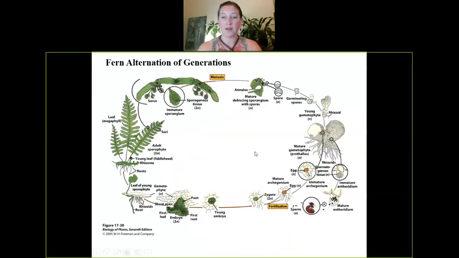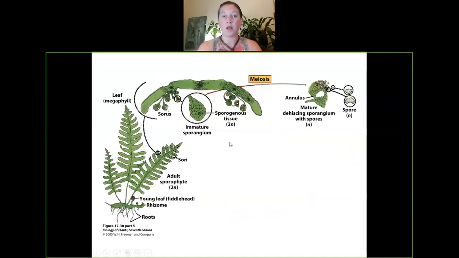On the next slide, that same fern gametophyte plant is here, and it's going to go through this way, so it's kind of tilted. On the previous slide, the fern gametophyte plant's at the 6 o'clock position. Here, it's at the 3 o'clock position, but it's still the same cycle. This just has a little bit more detail. Let's go through it now that we know some of these terms.